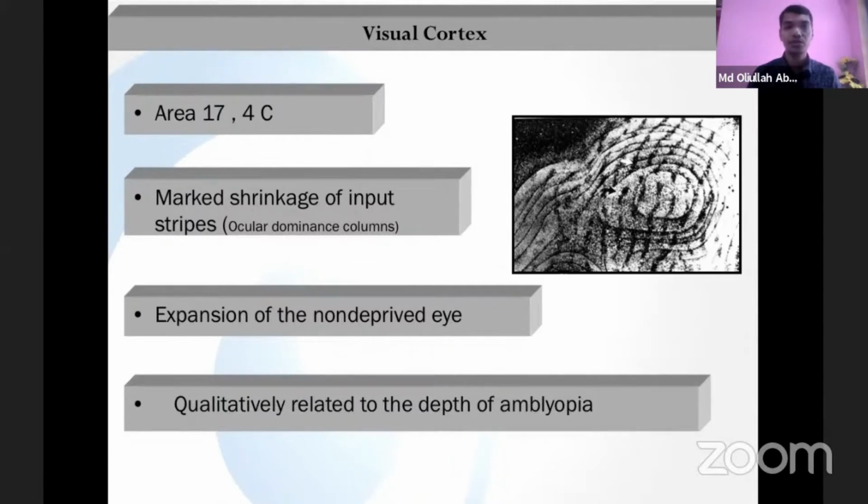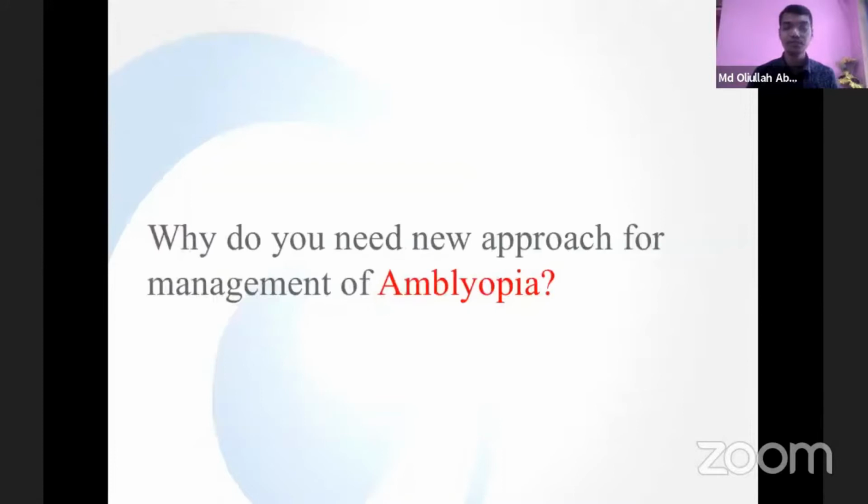And that's why, if you look at the neurophysiology, it is not only the monocular neurons in early childhood; later on, if you have a process to reverse the mechanism, or decrease the depth of suppression or depth of amblyopia by reducing this dominancy, you may end up getting a very good outcome with any newer approach to amblyopia management.